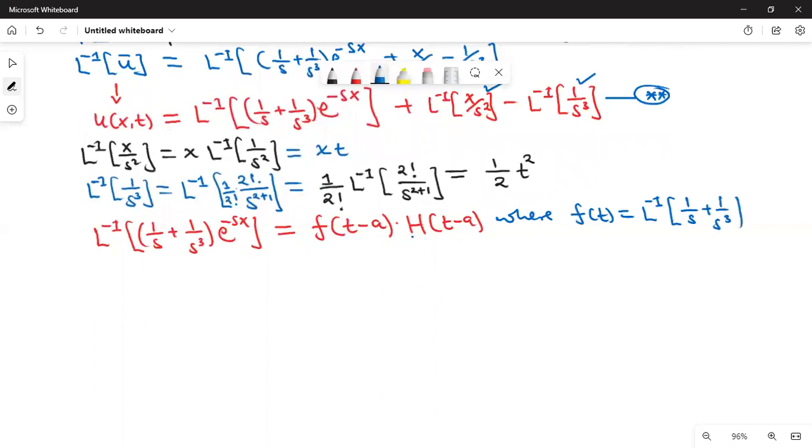When you get the Laplace inverse transform of that one, that will give you f of t. And what I'm calling a, a is equal to x.